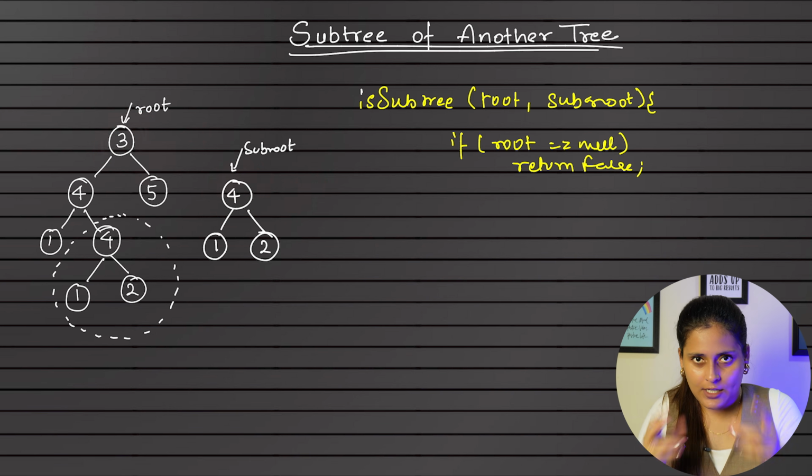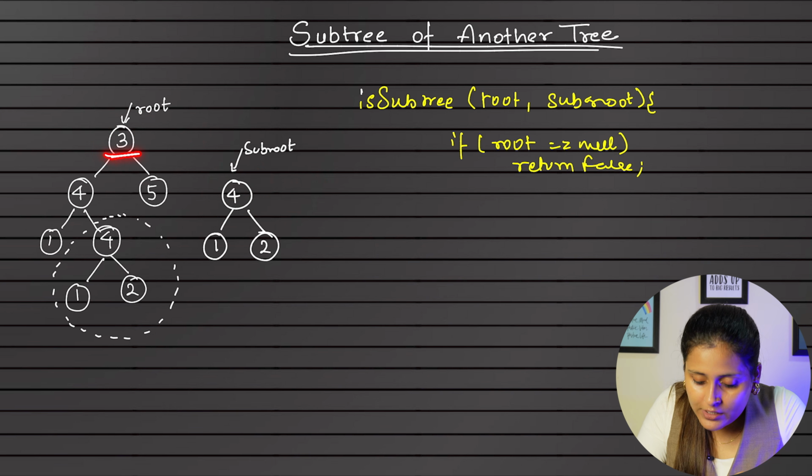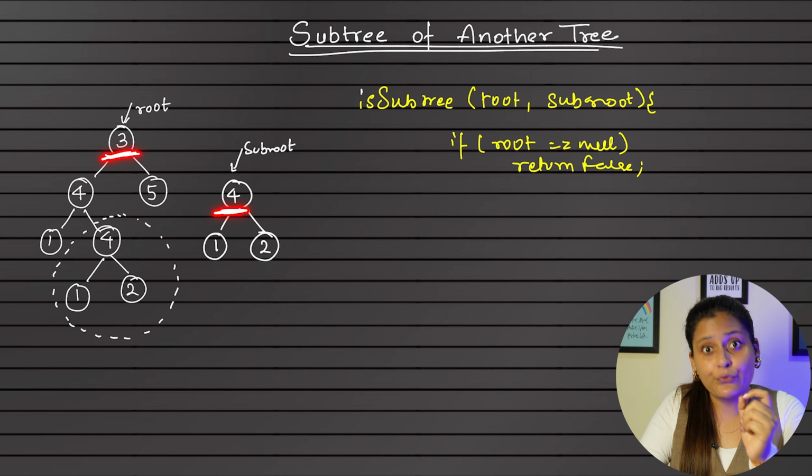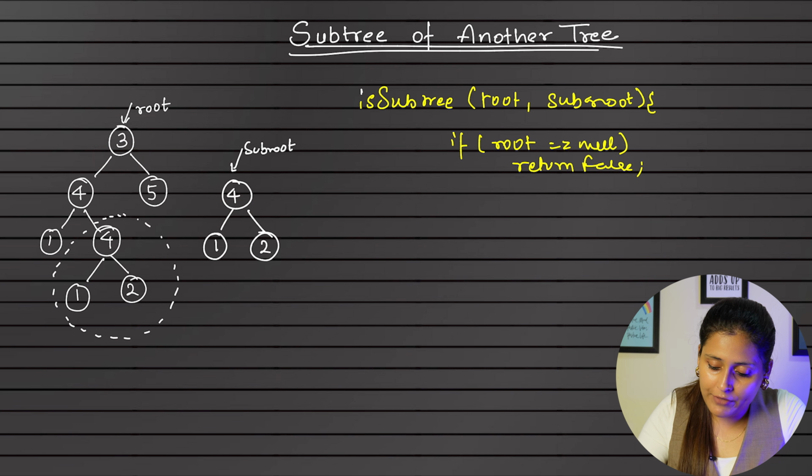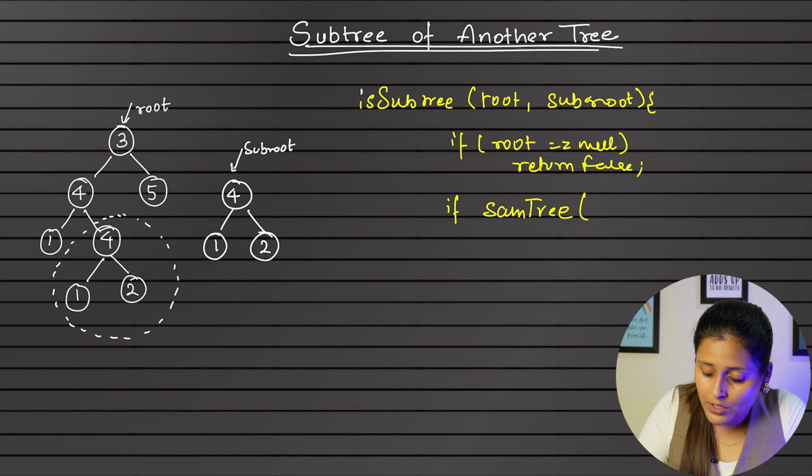So what is our task? First task is to check with this root and this subroot if it returns true or not. So let's say the same tree check function: there we will send root and subroot. If that function returns true, then we will return true then and there.